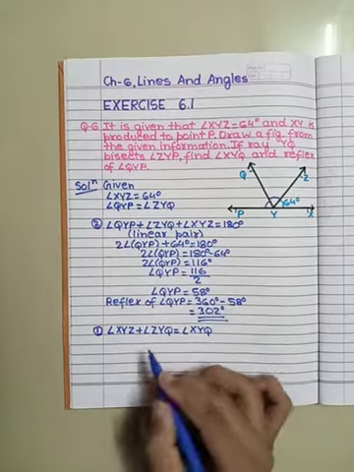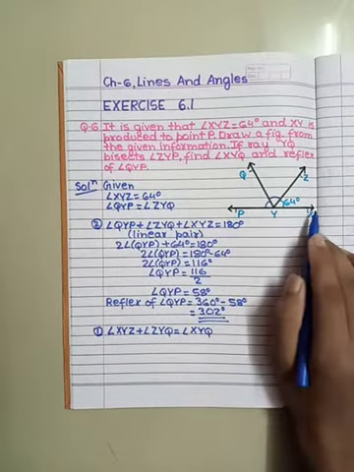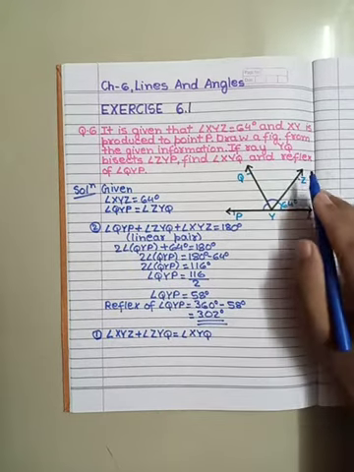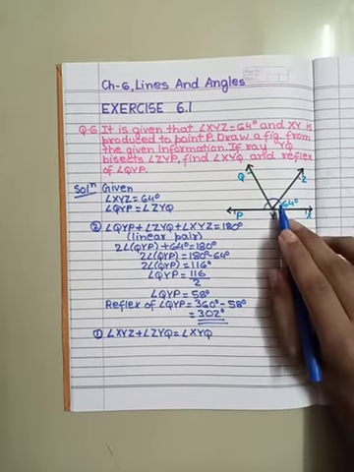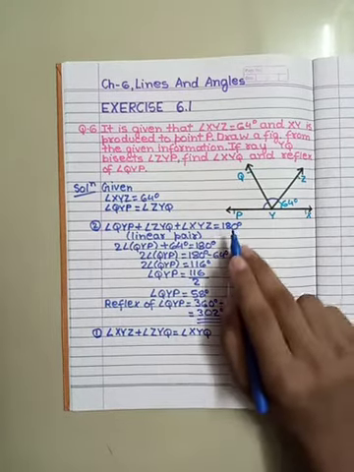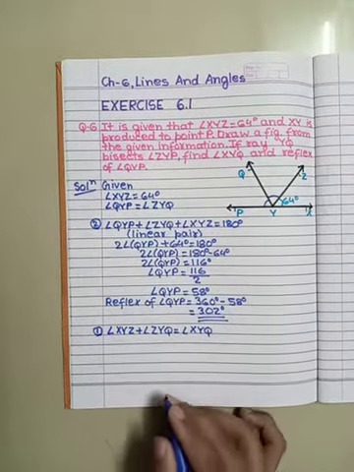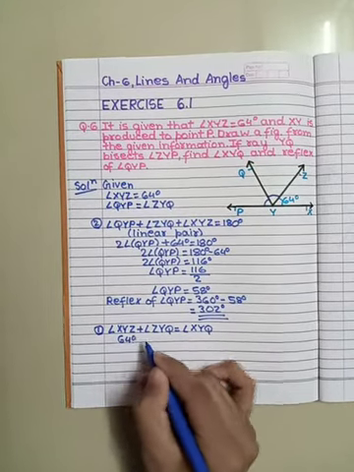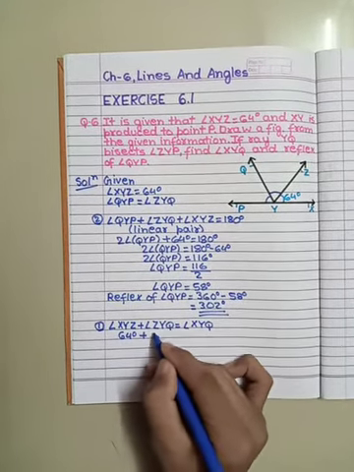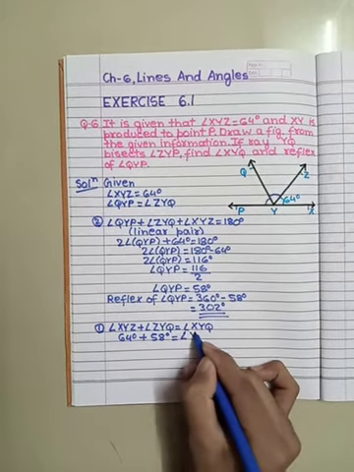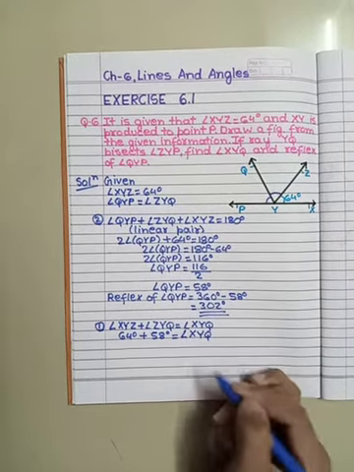So this is clear. Now we know the value of XYZ, that is 64 degrees, and we also know the value of ZYQ, that is equal to 58 degrees, since QYP and ZYQ are equal. So I will write that XYZ 64 degrees plus ZYQ 58 degrees is equal to angle XYQ.